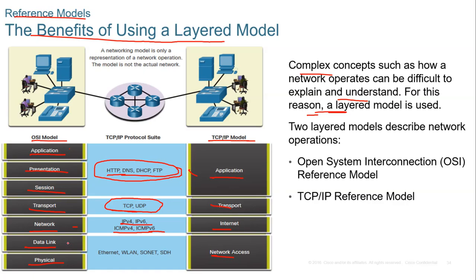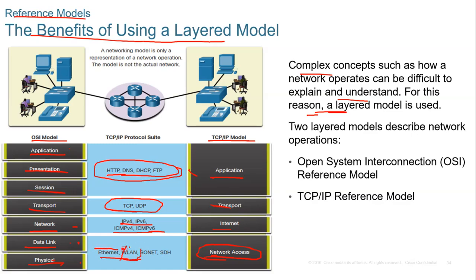When it comes to OSI, data link and physical are separate layers. But under TCP/IP, we have network access, which combines the two. At the physical layer and data link layer, we have Ethernet, then Wi-Fi, wireless LAN.